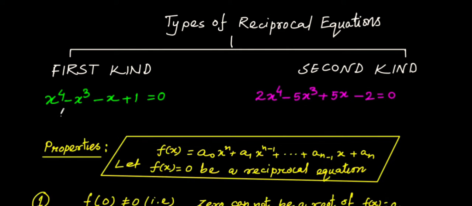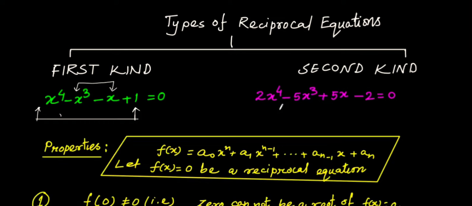See, the coefficient of x to the power 4 is the first from the beginning, and the first from the end is 1. So both are the same and their sign is also the same. And then these two, negative 1, negative 1. So they are the same, that is the first kind.